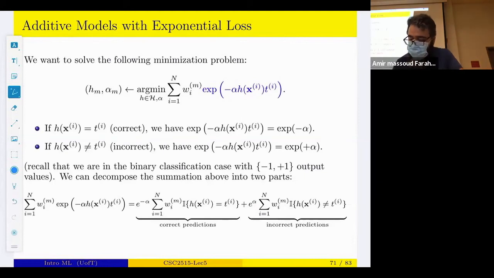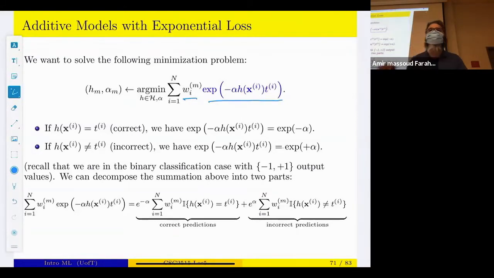So what we now want to solve is w_i^m times this exponential loss that is applied to data point i using hypothesis h. Okay, so now just consider two cases: for some particular h, either the prediction of h is correct or it is not correct.